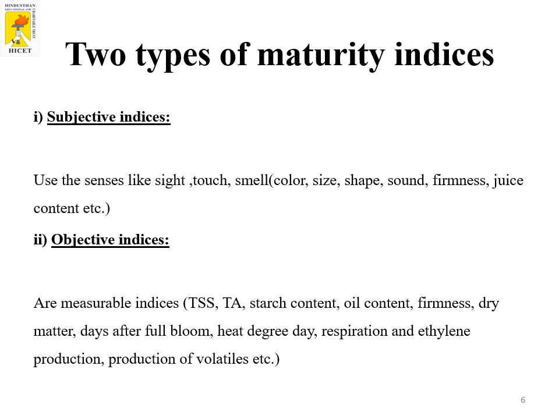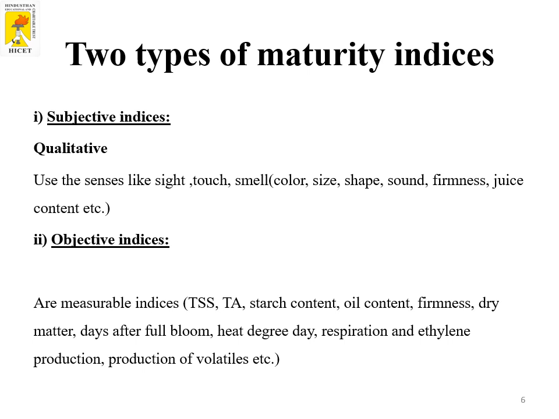Considering the subjective indices, these are qualitative indices which use the senses like sight, touch, smell and so on, where the color, size, shape, sound, firmness and juice content will be analyzed.